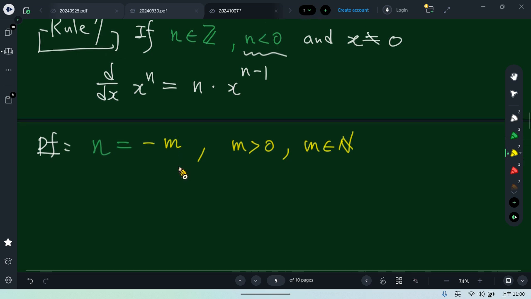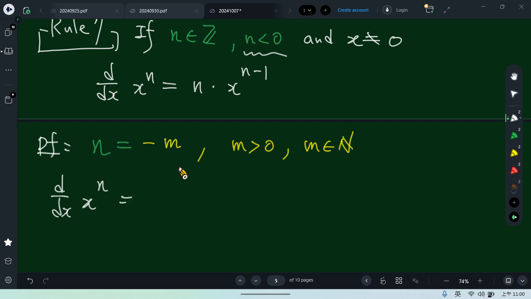So based on this, we are trying to differentiate this one, because n is equal to negative m.